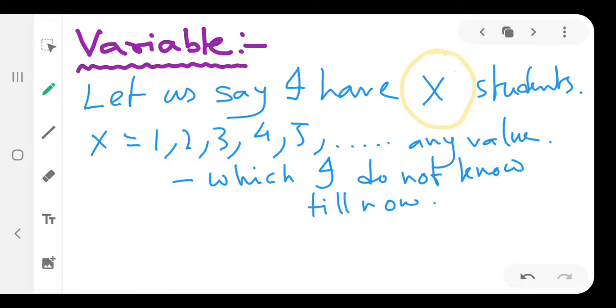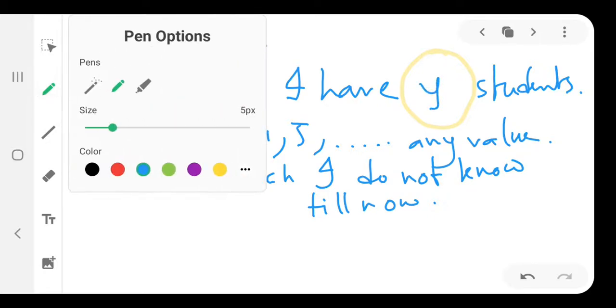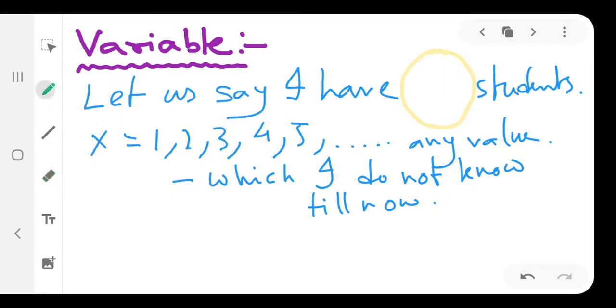Okay, so a variable can take any value. It can be X, it can be A, it can be Y, also it can be D, any alphabet.